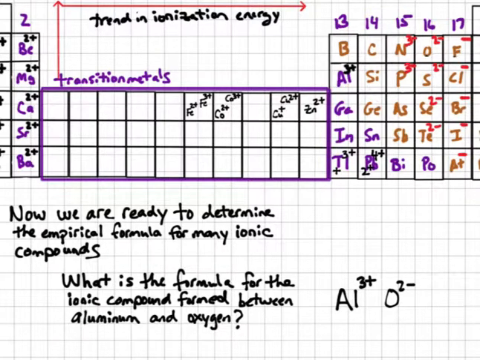And then we're going to use the cross method to determine what the ratio of aluminum ions to oxide ions will be, and that is 2 to 3. So the formula for aluminum oxide is Al2O3, and that will give us a neutral aluminum oxide salt.